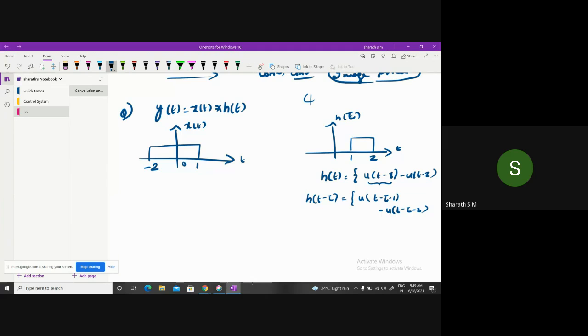Once we perform the subtraction operation, this is equivalent to a signal ranging from t minus 1 to t minus 2.